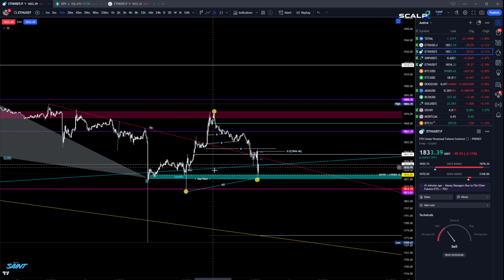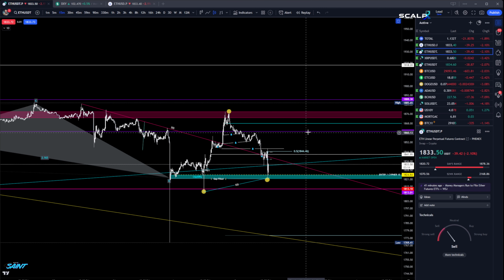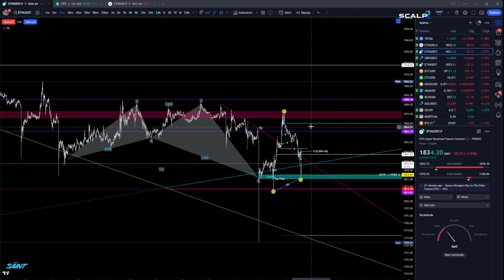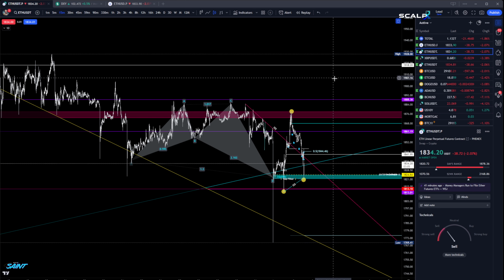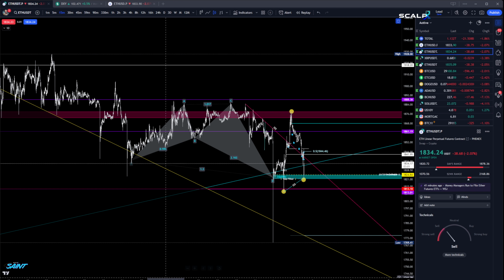Now the bulls can step in and say, okay, we're going to go higher now. That would be my theory, that we filled this gap, filled this gap, and now we should try to hunt in. Ideal would be to fill this gap right over here, and I'll show you.